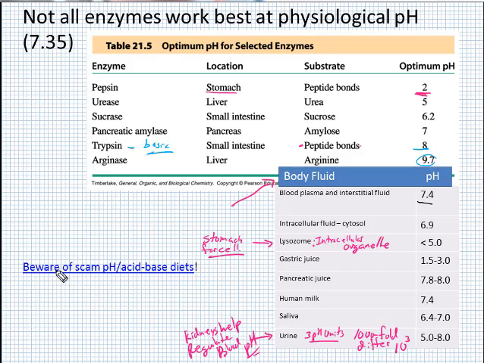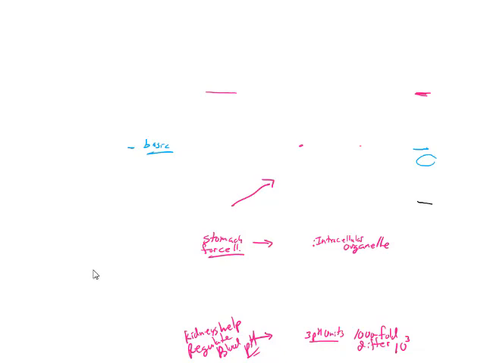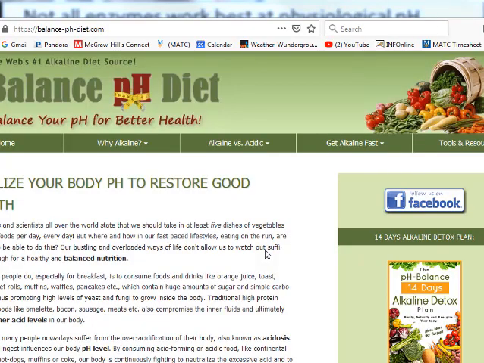And the last thing I'll mention on this is this: beware of scam pH acids and bases. This is the same guy, I believe, as the pH balanced diet fella. But we talked about him right at the very beginning of the class. They promote an alkaline diet, and it's really snake oil.